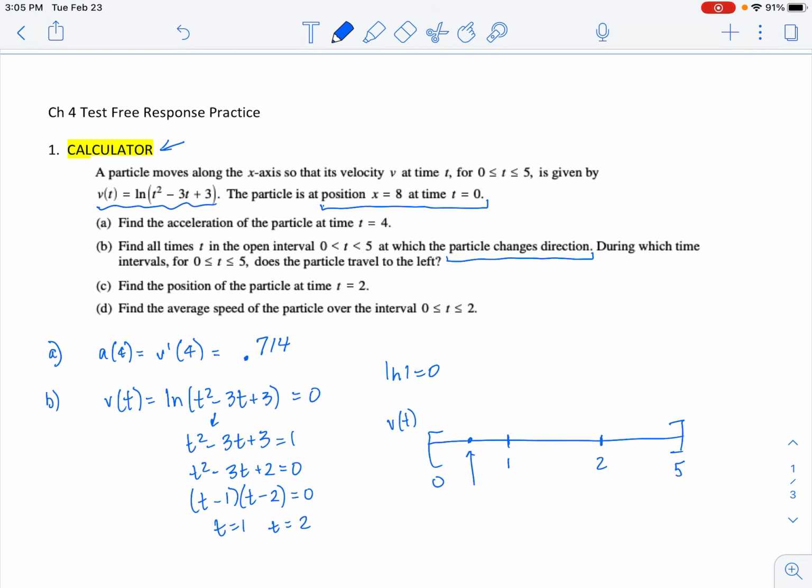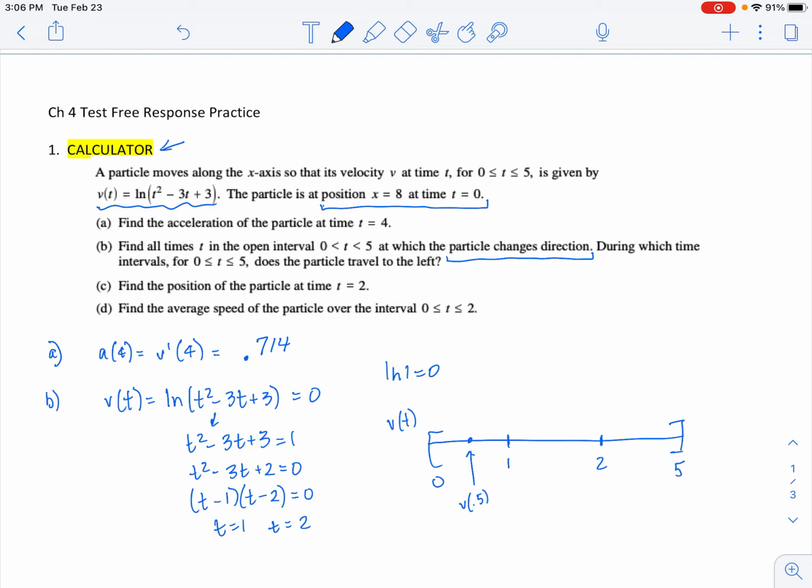To test this point here, I'm going to figure out what v of like 0.5 is. In my calculator, I'm going to put that function into y1 and go to the table and type in different values.